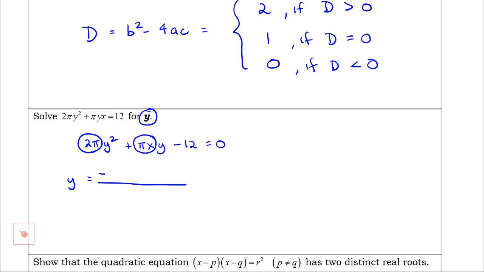Negative pi x plus or minus square root of pi squared x squared, or pi x quantity squared. Minus 4 times 2 pi times negative 12.